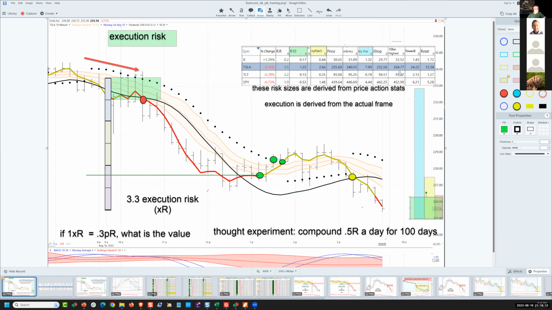And you've got to learn to value what it is that you have in your hand from a basis of simplicity. 3.3 execution risk off a standard trade frame on a 10-minute chart, my friends.